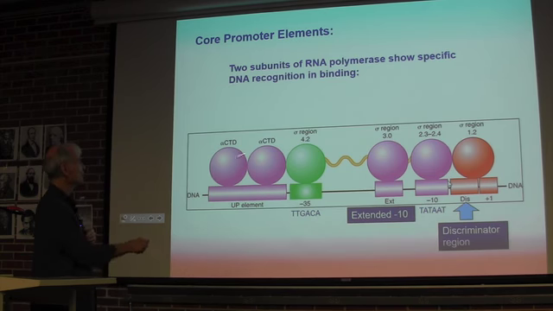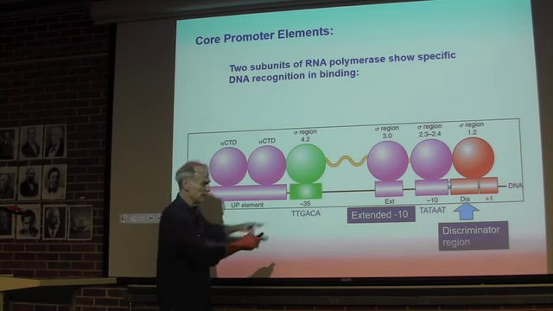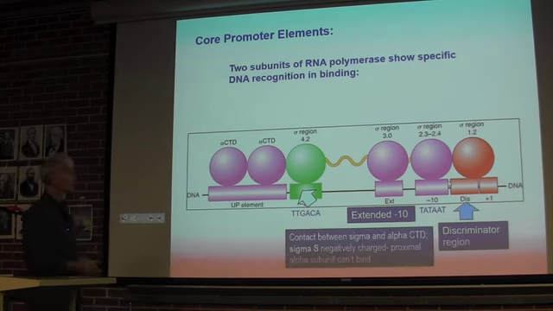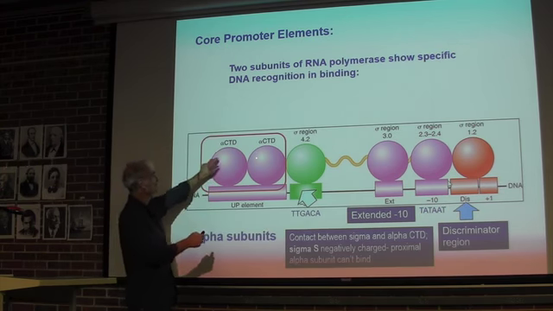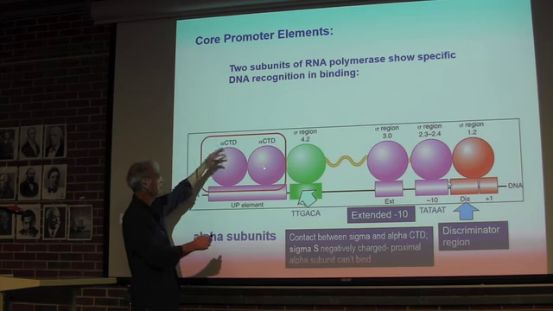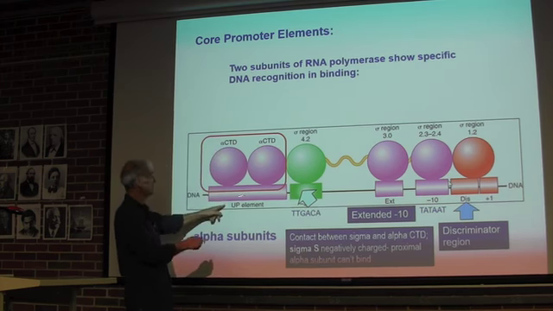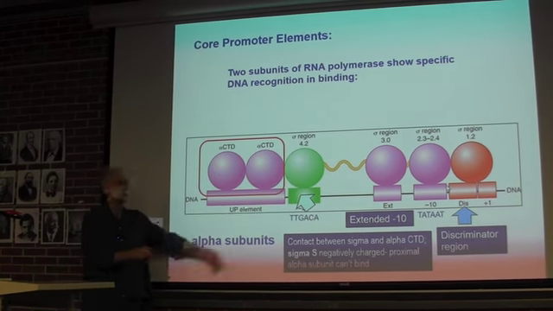And here you see the subunits as they lie along this promoter. So you have this region here. Okay, right there. The alpha subunits, the alpha CTD, remember the 2 alpha subunits, they bind right next to each other at an AT-rich stretch that's called the UP element.